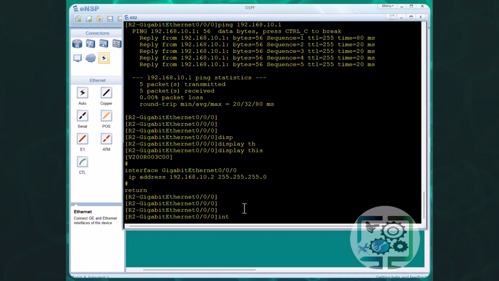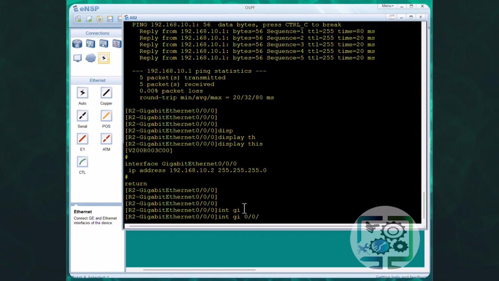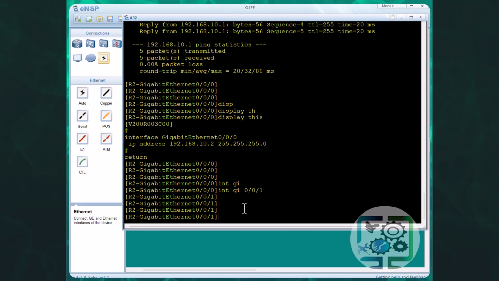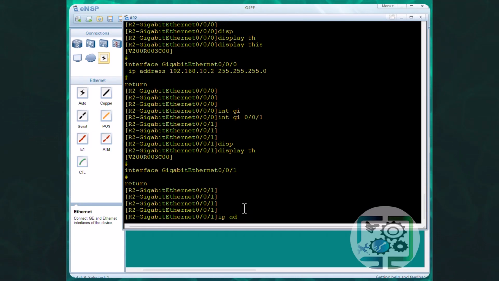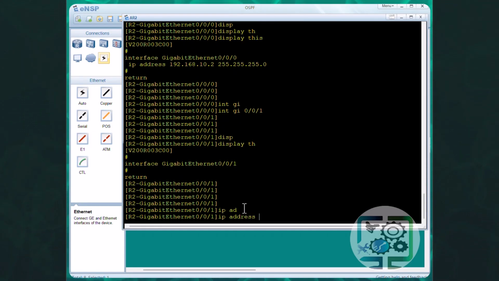Now we will go to the LAN interface, the gateway interface for router 2. Here we see there are no configurations. We will configure IP address 20.20.20.1 and subnet mask bits 24.